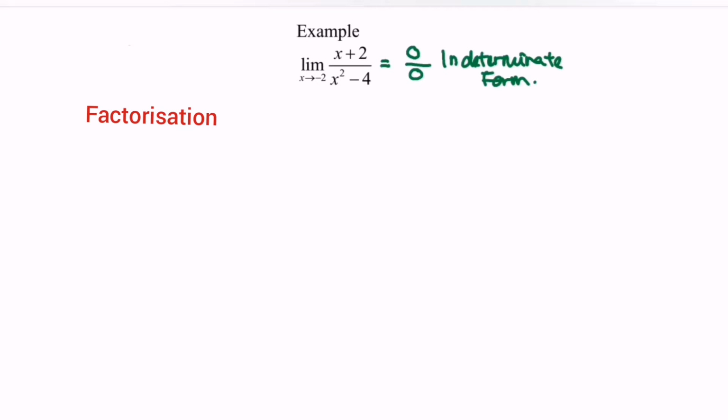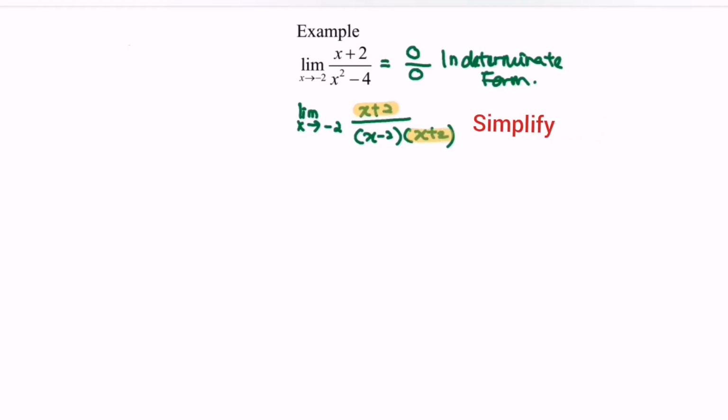With the help from the calculator, the limit when x approaches negative 2, we will have (x plus 2) over (x minus 2) multiplied by (x plus 2). Notice that we have a common term, and we can simplify. Then we will have the limit when x approaches negative 2, with 1 as the numerator over x minus 2.